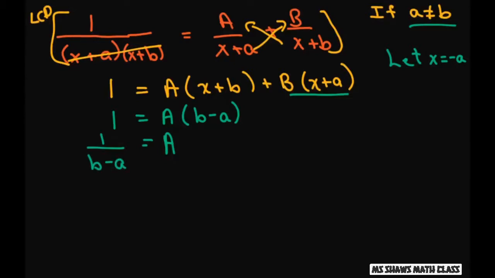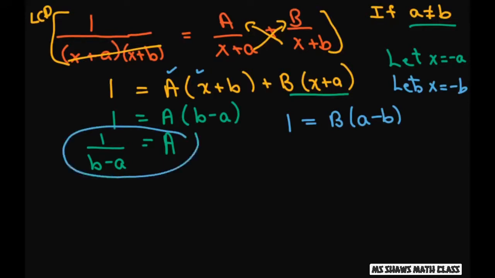Now, let's let X equal negative B. If you let negative B, it's going to zero out this A. You get 1 equals B times A minus B. So if you substitute these back in, your A is 1 divided by B minus A plus, solve for B, B is going to equal 1 divided by A minus B. You just divide both sides.